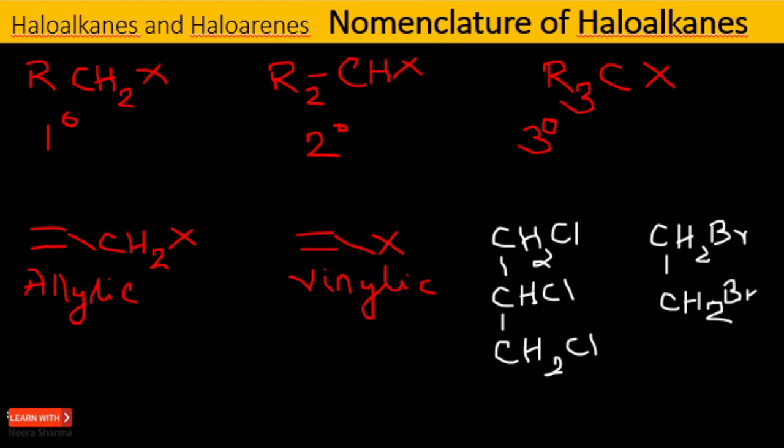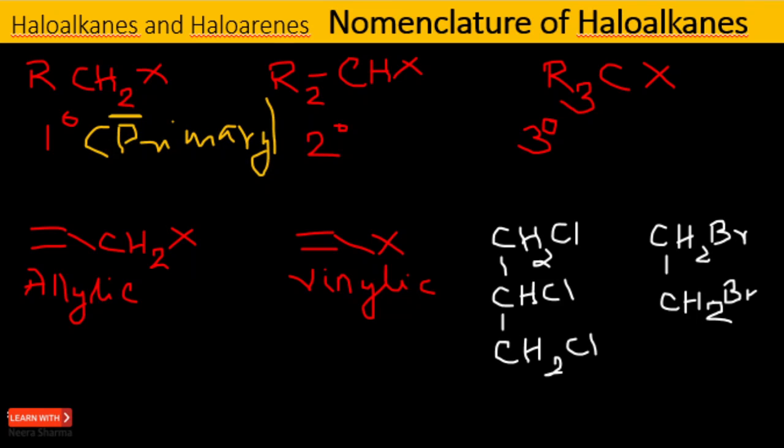Now if the halogen is attached to a carbon which has 2 hydrogens attached to it, the chain is extending only on one side. These are called primary halo compounds.